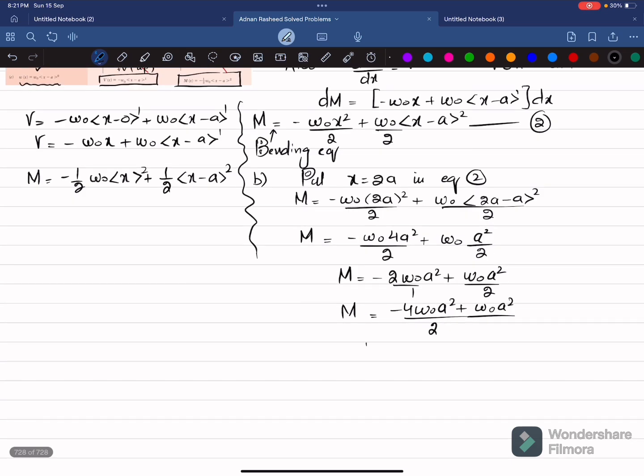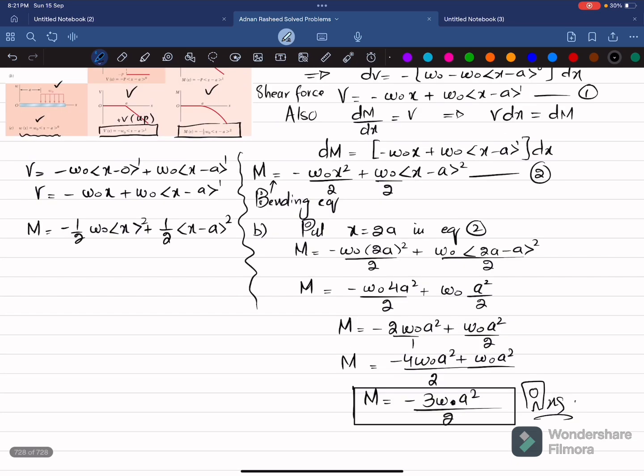If you further simplify it, it will be equal to minus 3 W naught a square over 2. This is the equation of the moment, clear? And that is the answer.